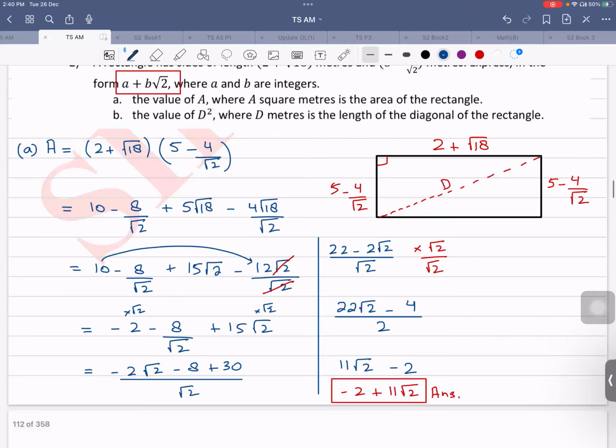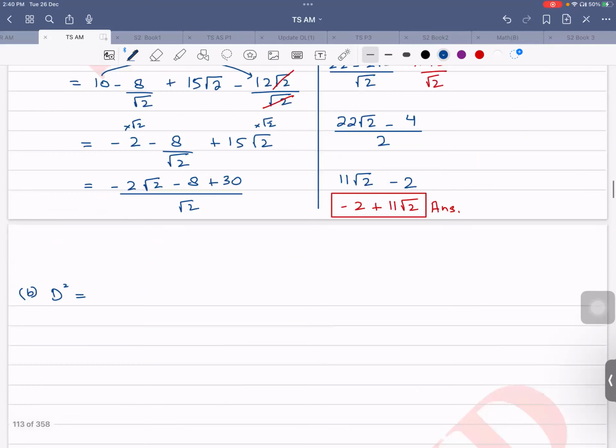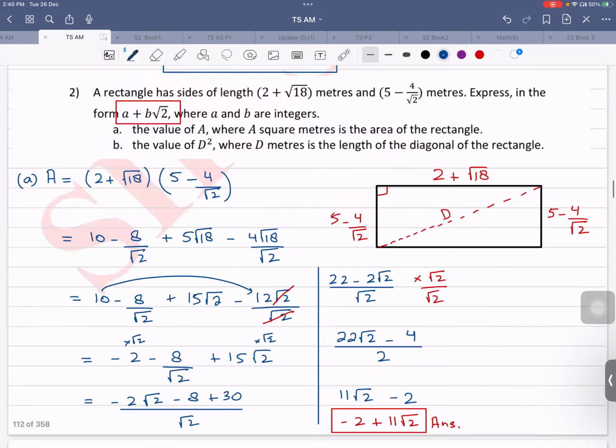Hypotenuse square is equal to base square plus height square. And we will use the algebraic identity to expand the brackets.